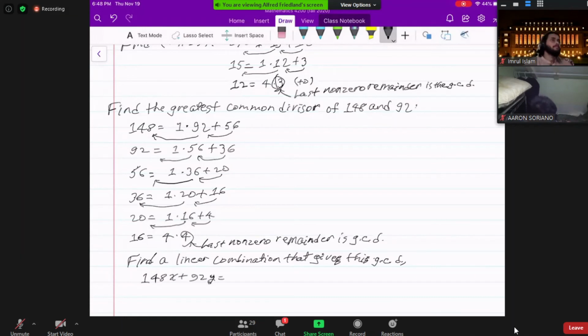And according to the theorem we proved earlier in the term, we should be able to express the greatest common divisor, which is 4, as a linear combination of 148 and 92. So it would look like that.